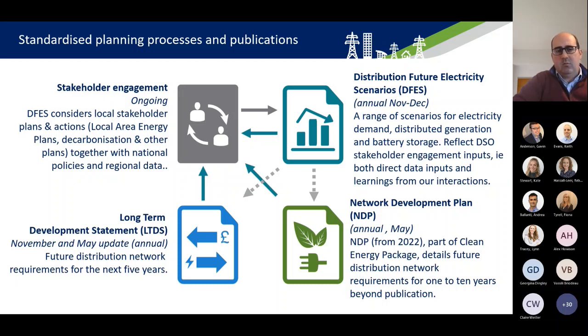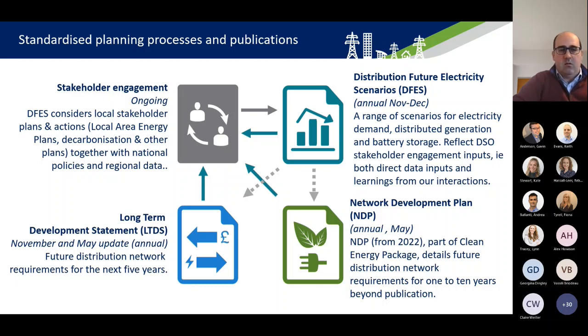I'm going to present a lot of details around these three publications in the following slides, but what is important to highlight here is that stakeholder engagement is an important component of these publications. So what really makes the data that we share credible and improves its accuracy is that we go through a continuous cycle of engagement with our stakeholders.